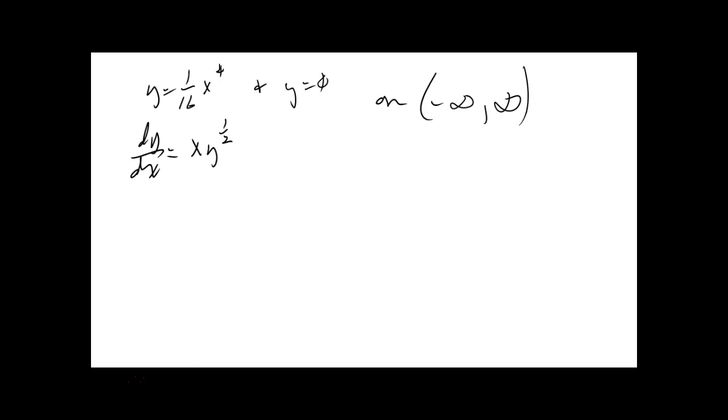Okay, the extra solution there is a singular solution. It has nothing to do with the others. Now when we get to Chapter 2, Section 2.2, we'll actually solve this differential equation.